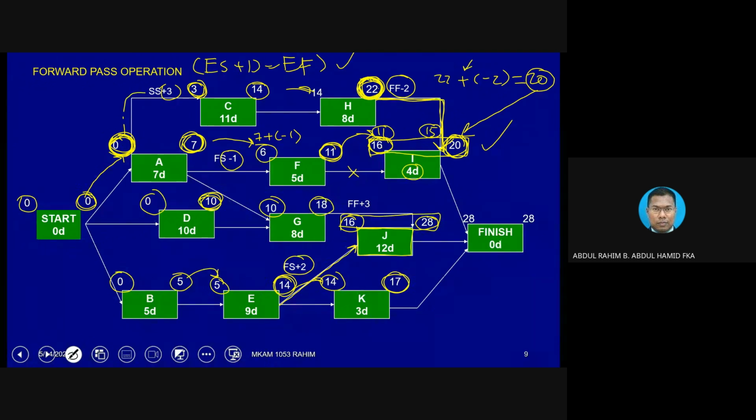But what if J is coming from G? How do the values look? Since it is finish to finish, this 18 is the one that we are going to log in. 18 will go in here, 18 plus 3 is equivalent to 21.